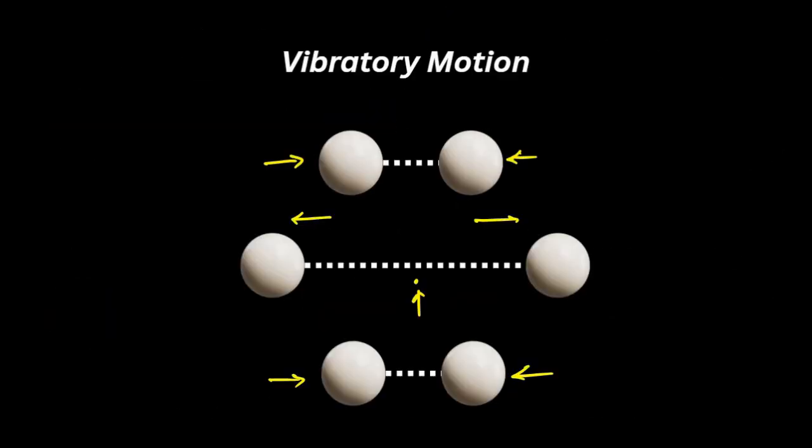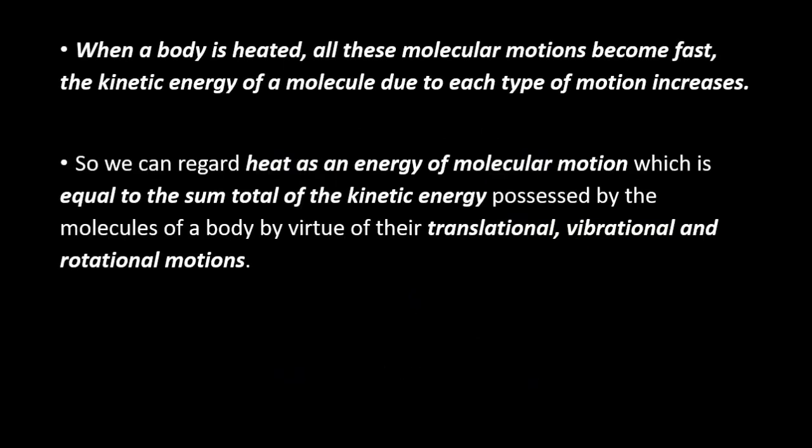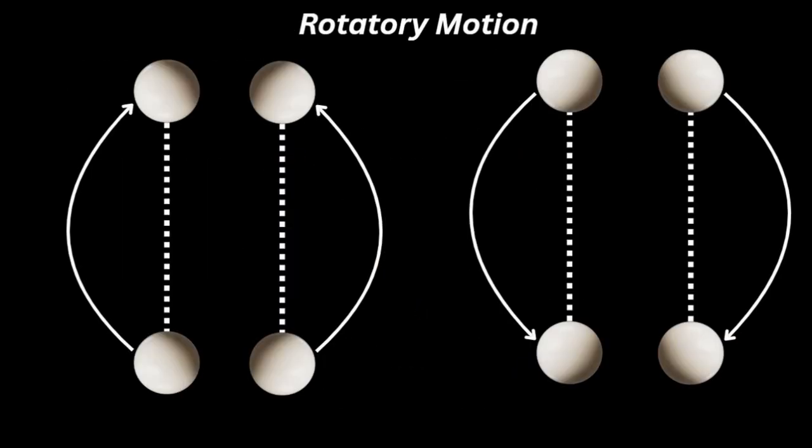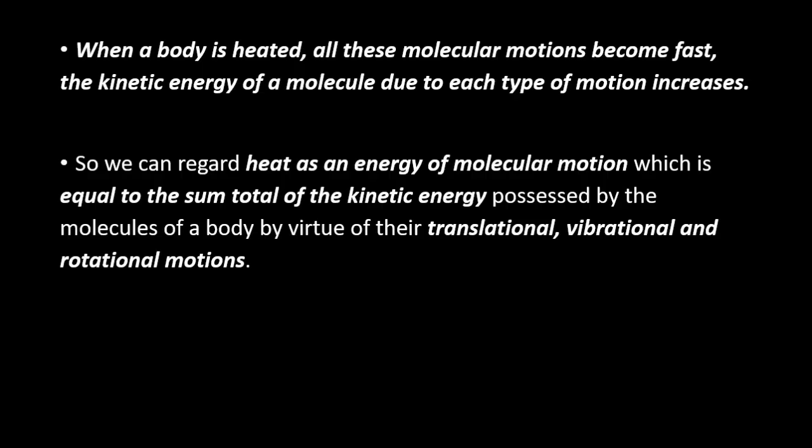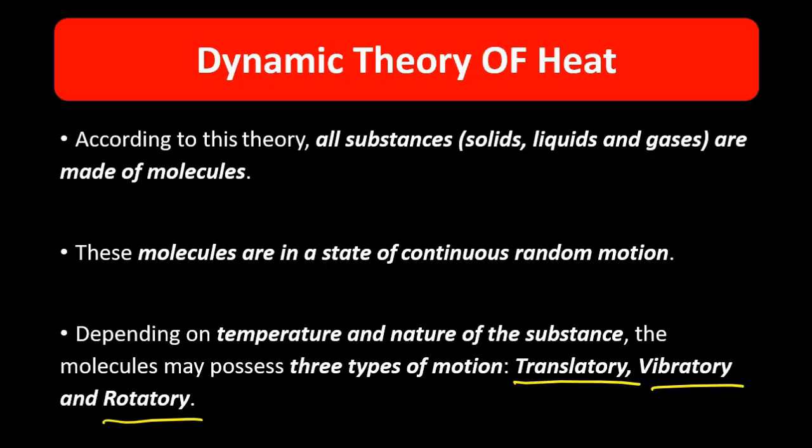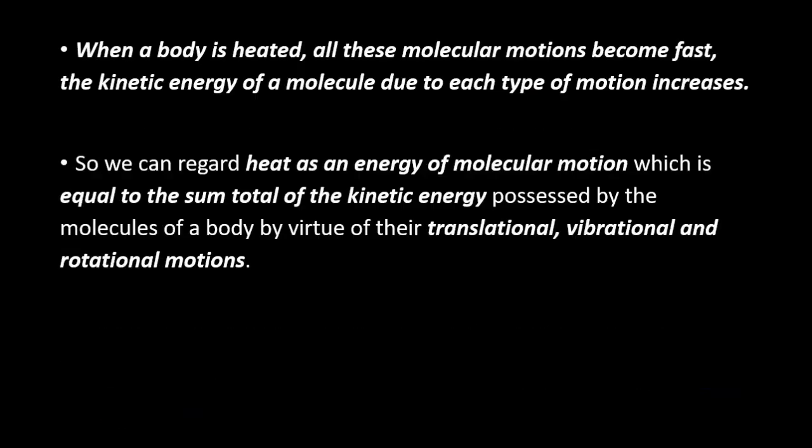And it is because of these three types of motion that the body, the object, possesses certain internal energy. It is the internal energy of these molecules because of their continuous random motion, and this internal energy is called heat. So when a body is heated, these molecular motions become fast.